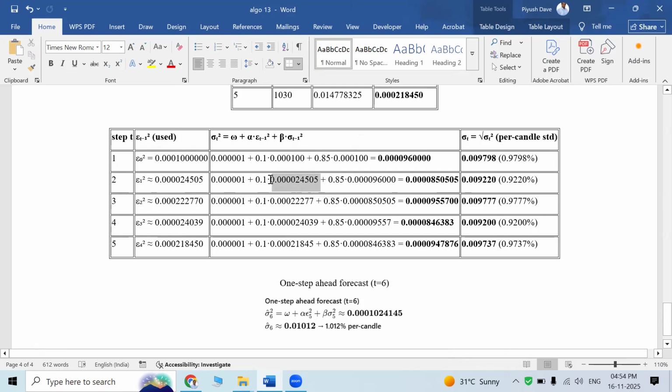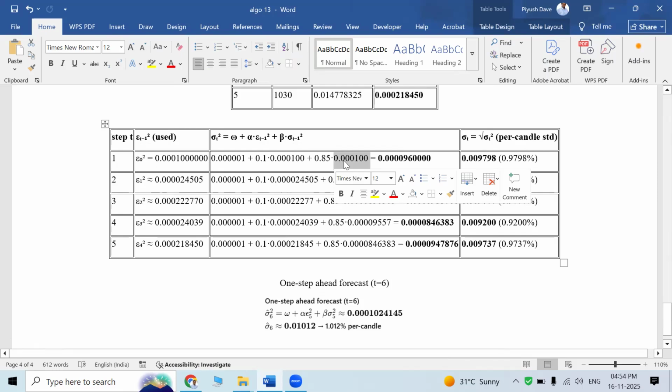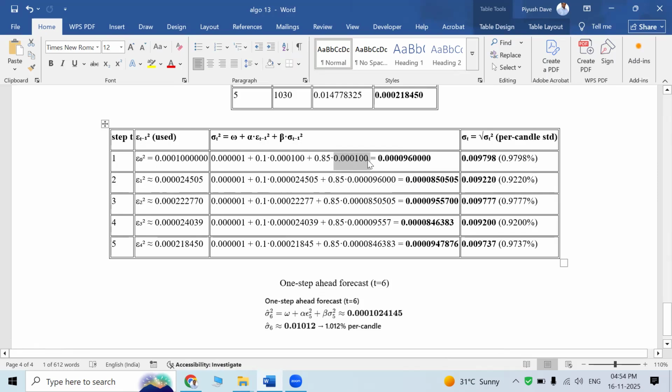This value we have taken from here, sigma 1, and this value we have taken from here. Here the previous value was not available, so this is the assumption that the value is 0.001. Once we calculate, it comes out to be again 0.9%, that is 1%.